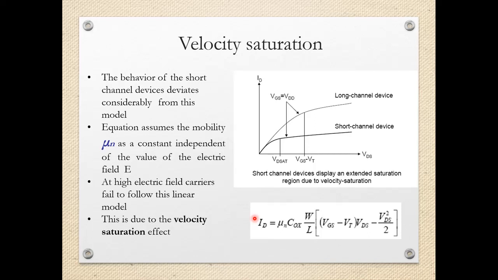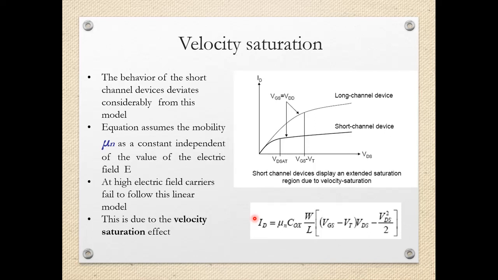With change in VDS for the long channel, meaning the normal MOSFET operation which we studied, initially there is a linear region of operation and then there is saturation. There is not much change in ID with increase in VDS.